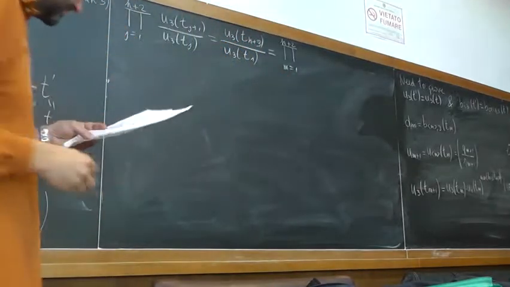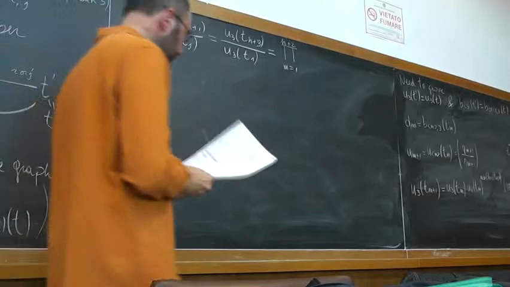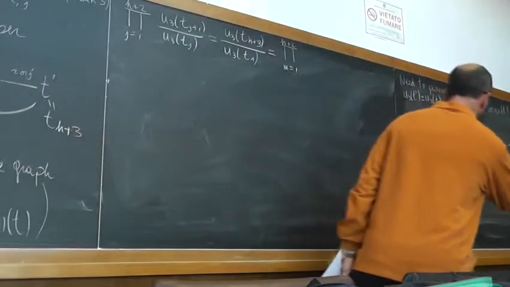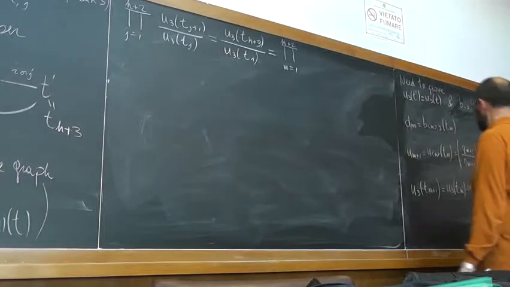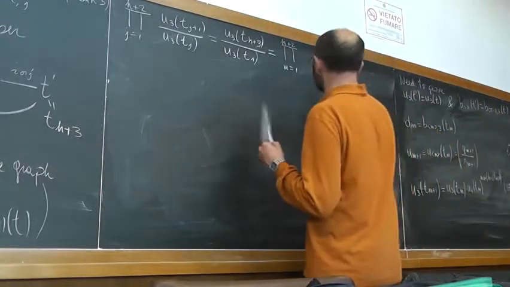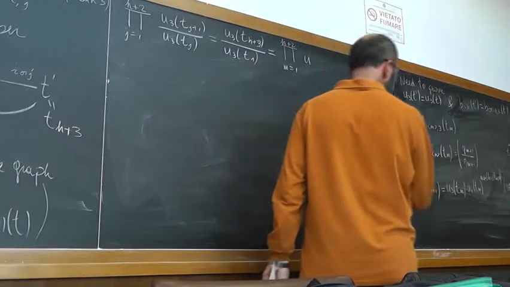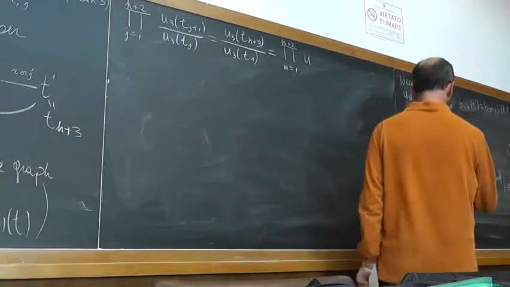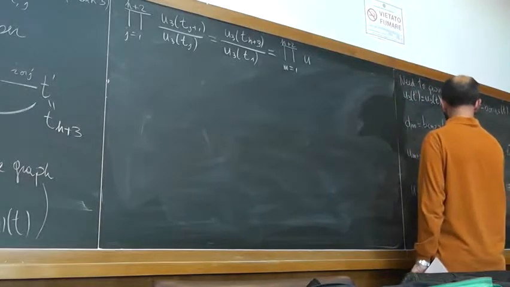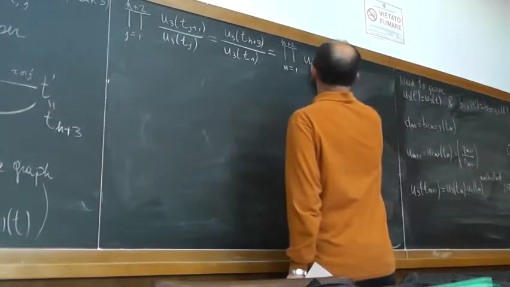Here is j, then there is n. So what do we have? u_1 of t_m is u_n of t_m.